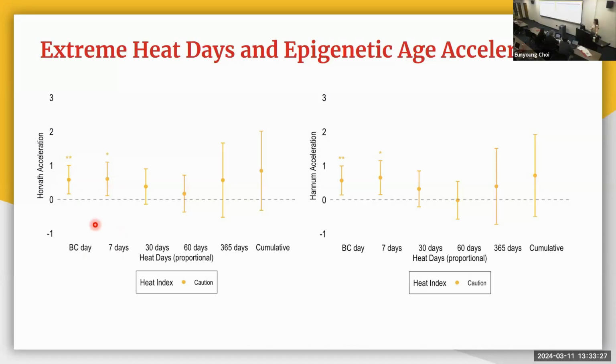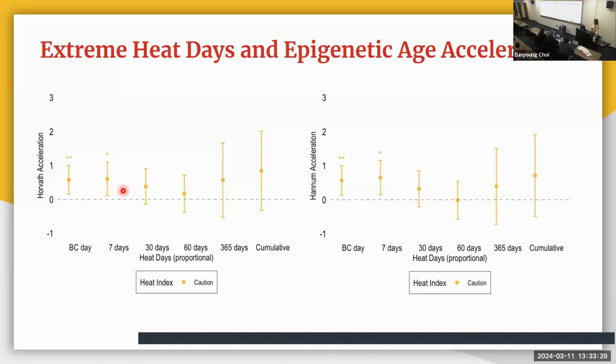So for the 7 days, it also shows that if there are many days exposed to caution level, then they would have accelerated Horvath age. And the same thing for the Hannum age. So the bottom line here is there are significant associations between short-term measures of extreme heat and accelerated epigenetic age.